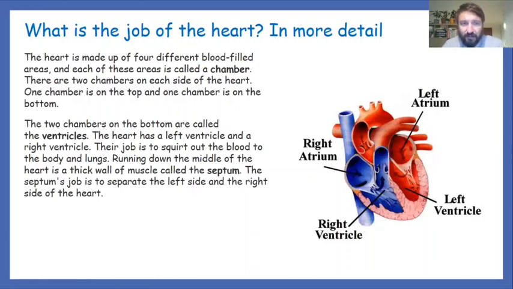Now, their job is to squirt blood, squirt's a technical word there, squirt blood down to the body and the lungs, okay? Running down the middle between those 2 ventricles, we have the septum. The septum's job is to separate the left and right side of the heart.